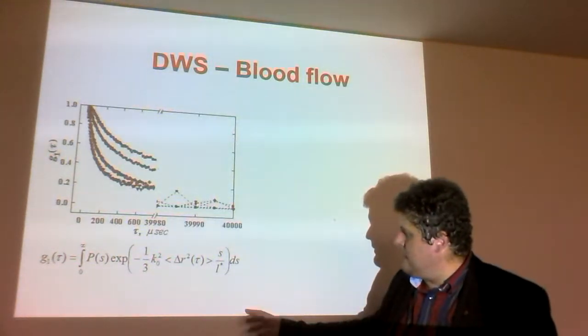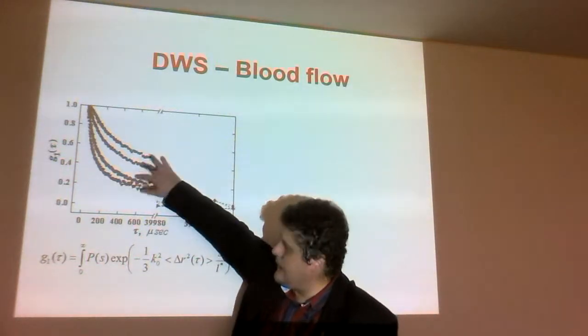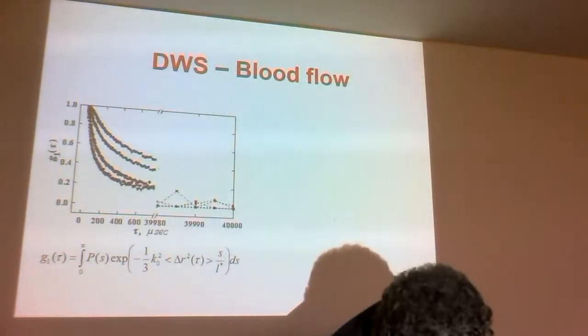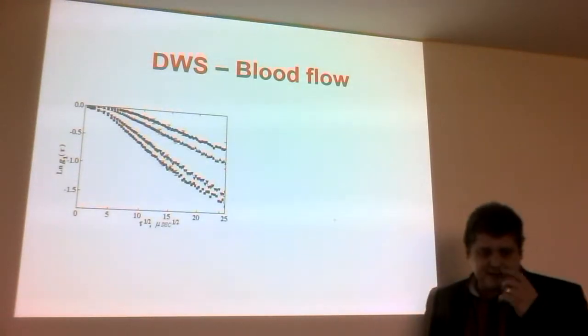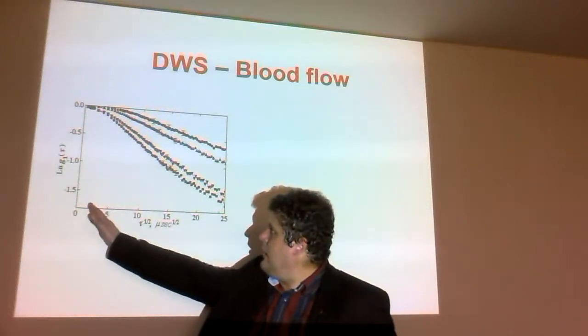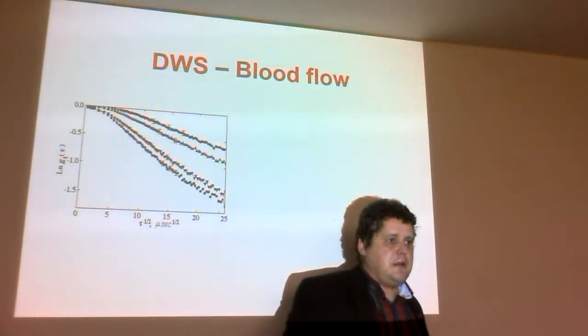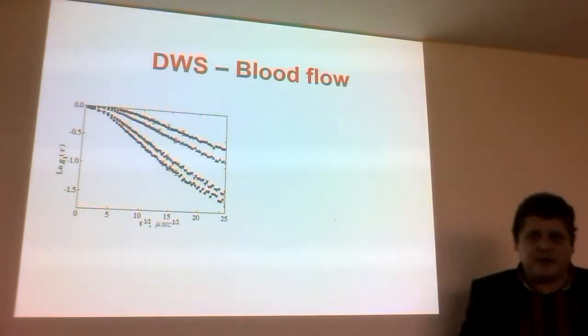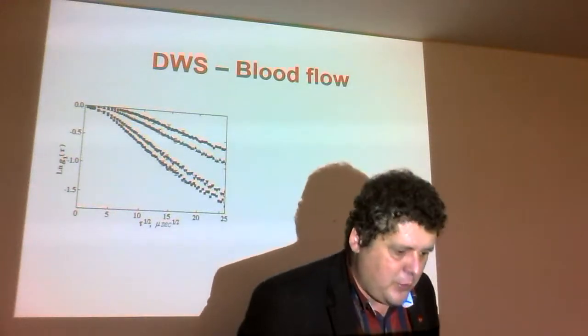And thus, we're able to analyze this displacement based on the slope of the correlation function. And if you simply replot these correlation functions on a semi-logarithmic scale here, that gives me a very nice linear relation. That means that it's an exponential decay, and so we can use it for the analysis.